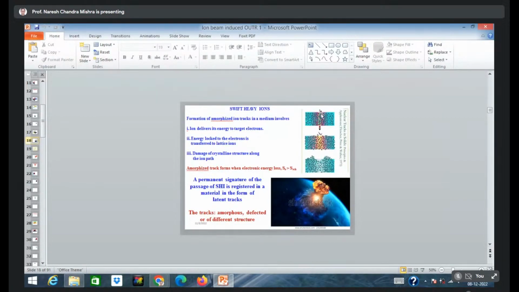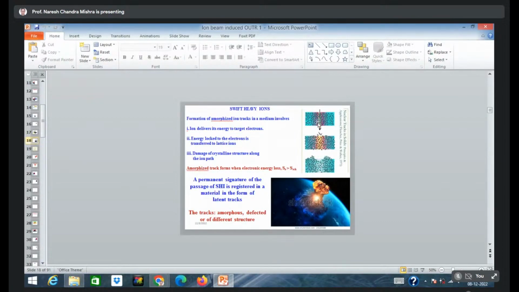Electrons are negatively charged particles, they can equilibrate amongst themselves within a femtosecond time scale, and you get a coherent excitation together, all the electrons. Coherent means what? Simultaneously, all the electrons getting excited together.